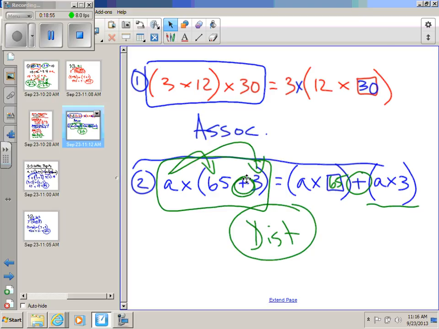How about number 3? 785 times something equals 785. Yes. 1. And what property is that? Identity. Okay?